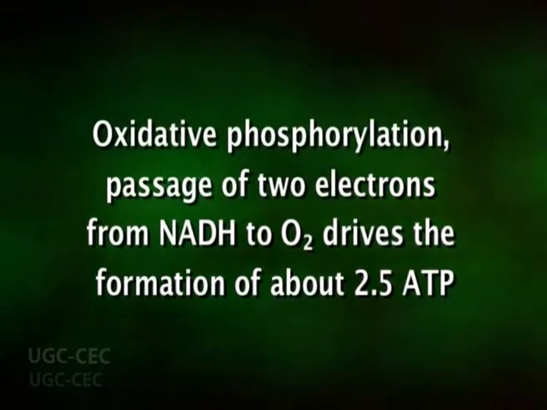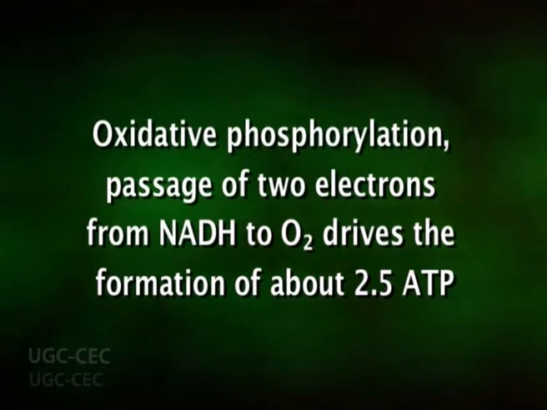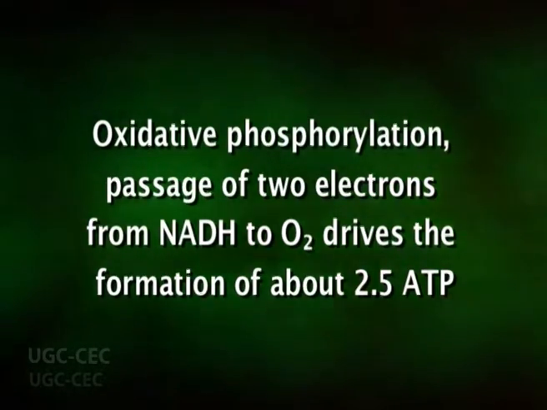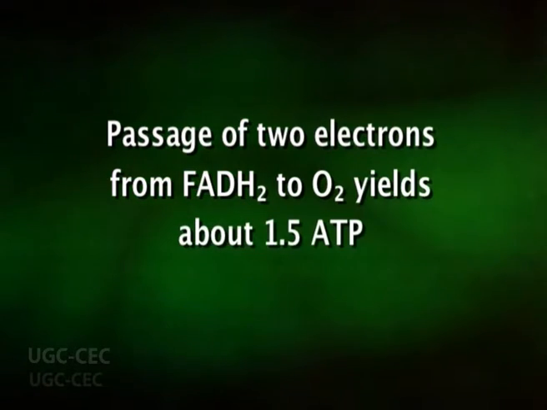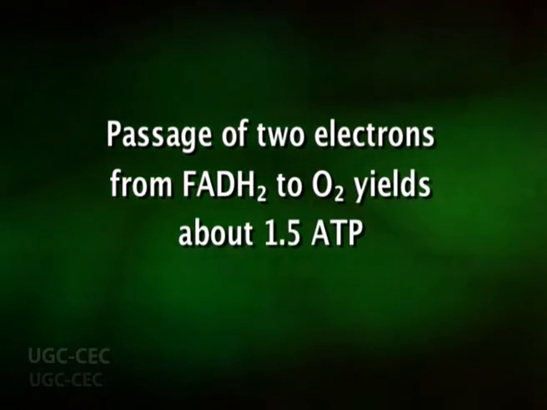In oxidative phosphorylation, passage of 2 electrons from NADH to oxygen drives the formation of about 2.5 ATP, and passage of 2 electrons from FADH2 to oxygen yields about 1.5 ATP.